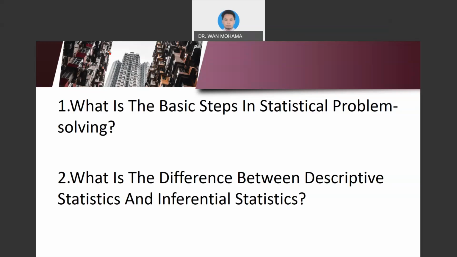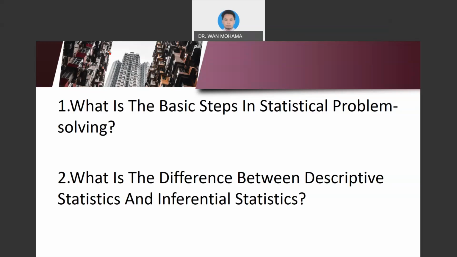If the research is about quality of life, how to improve the quality of life, maybe the manager or government can increase the monthly income, for example, or maybe they can do something else that can help the people.